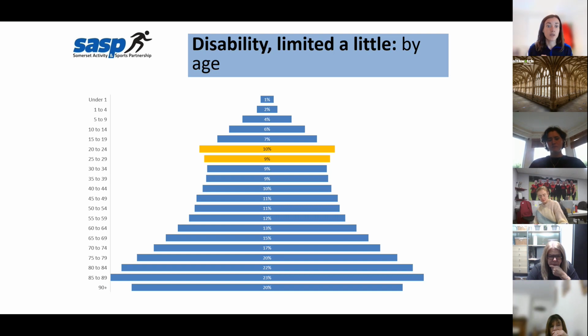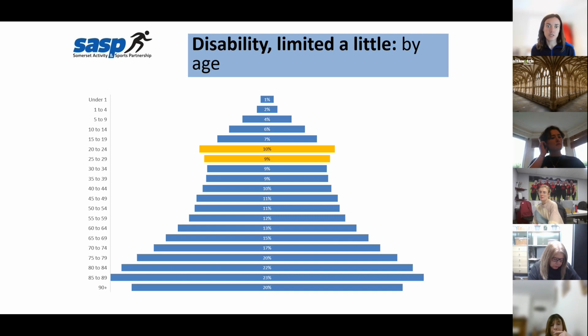So for 20 to 24-year-olds, we've got 10%, and 25 to 29-year-olds, we've got 9%. But we see a high of up to 15% in females in Sedgemoor for that age group, and almost 13% in Somerset West and Taunton for females as well, and that contrasts to males who are around 6 to 7%.